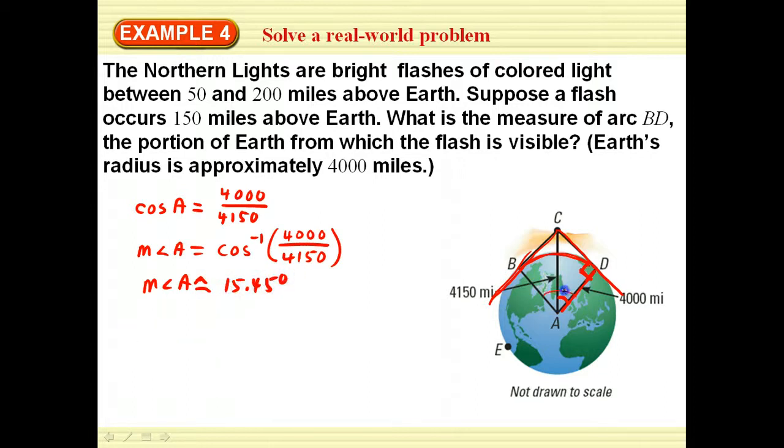But I need this entire angle here, so that is 2 times the measure of angle A, which will be approximately 31 degrees. And so the measure of arc BD is approximately 31 degrees.